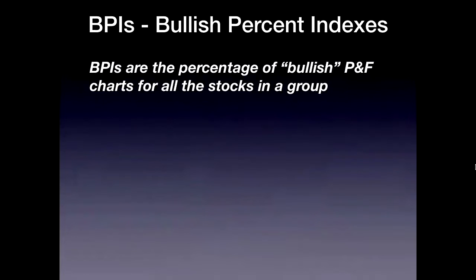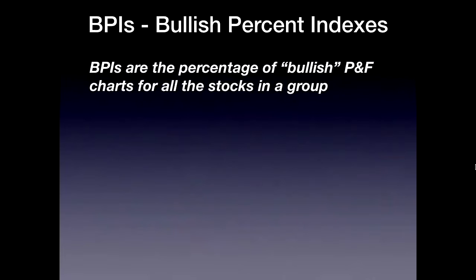I'm going to do my demo in a minute, but I wanted to tell you both parts of the demo before I do it. In addition to the PerfChart demo, after that, I want to confirm anything that I think I'm seeing on PerfCharts by looking at our bullish percent indexes. We also provide bullish percent indexes for each of those 9 S&P sectors.